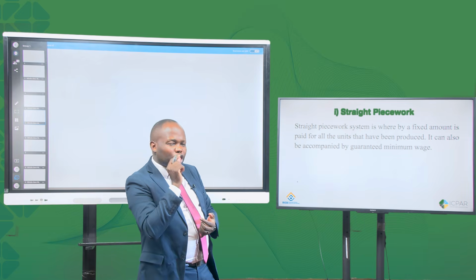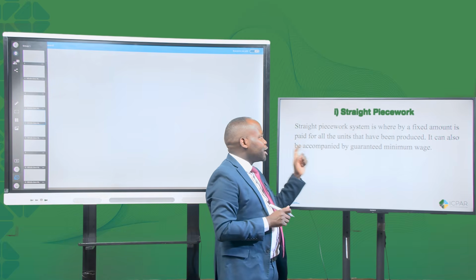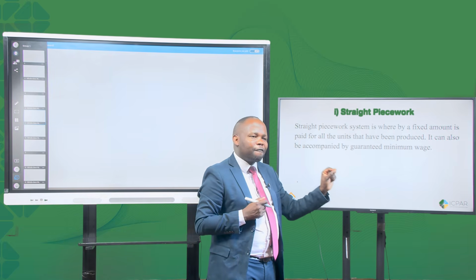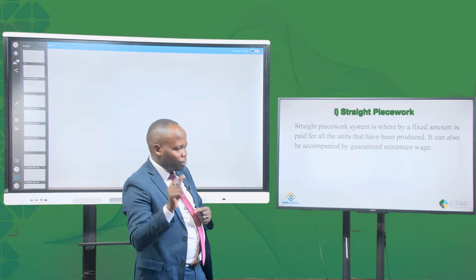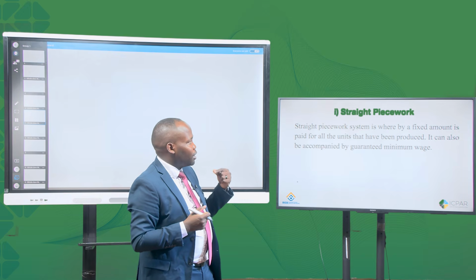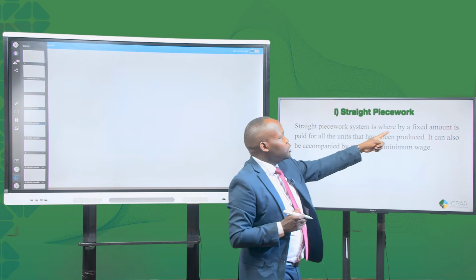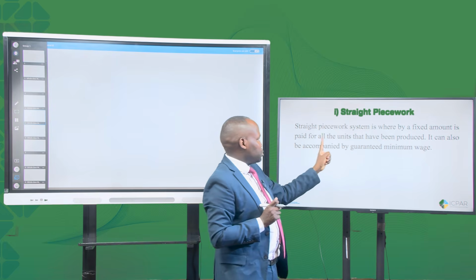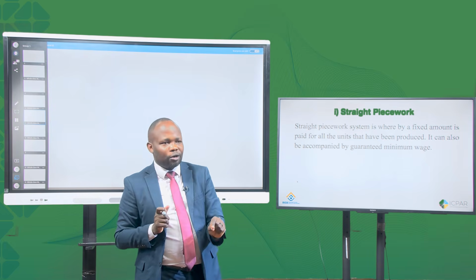Now, in straight piecework, one rate of pay, a fixed rate, is used for all the units produced. So a straight piecework system is where a fixed amount is paid for all the units that have been produced.